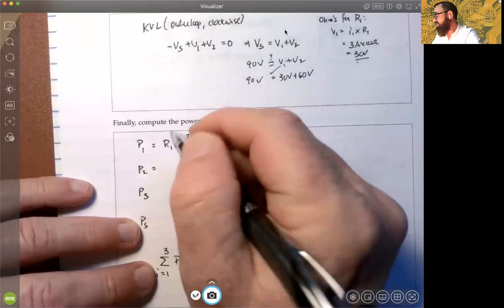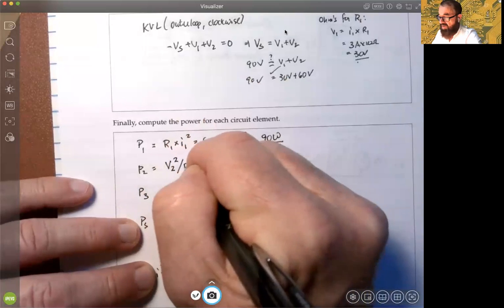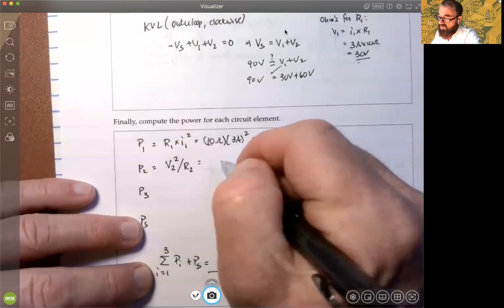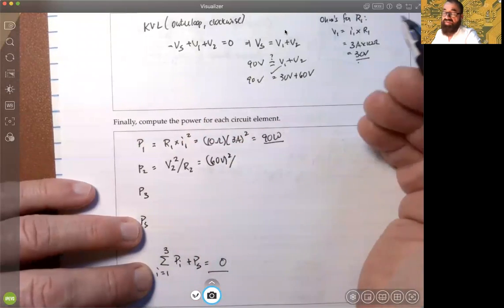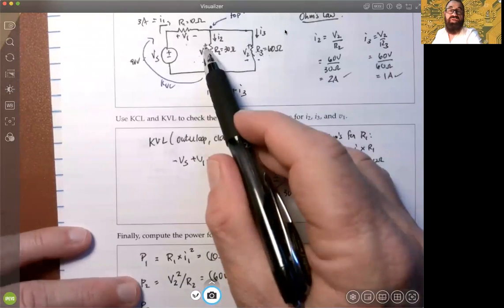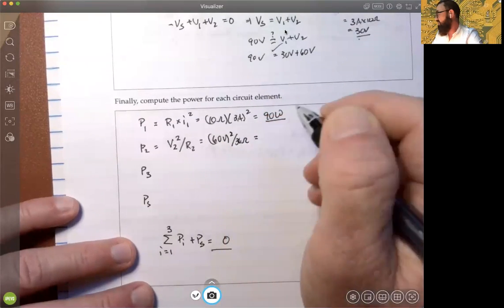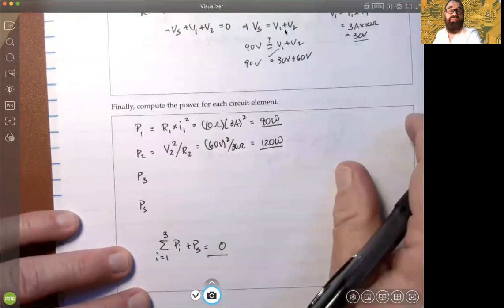Second one, different formula. You could take the voltage squared and divide it by the resistance. It's another way you can get power for a resistance. In this case, the voltage was 60 volts. Square it, divide it by the 30 ohm resistance, and you would get 120 watts, positive again.